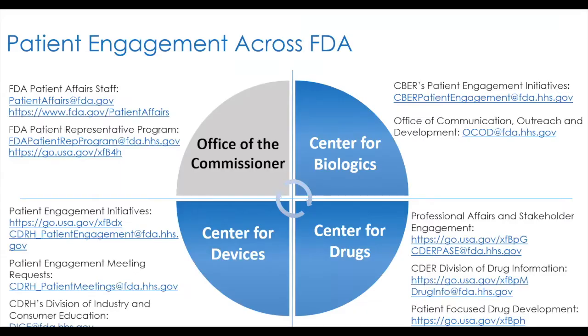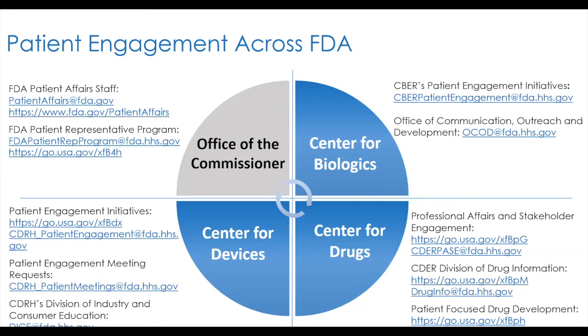I just wanted to lastly talk about a few different resources that we have. This slide is a little bit busy, but basically the point of the slide is that the Office of the Commissioner should be a central hub, and patient affairs is within the Office of the Commissioner. We work with the Center for Biologics, the Center for Drugs, and the Center for Devices. Each of these 3 centers has its own patient engagement team, but there are a lot of issues that cut across the 3 different centers.